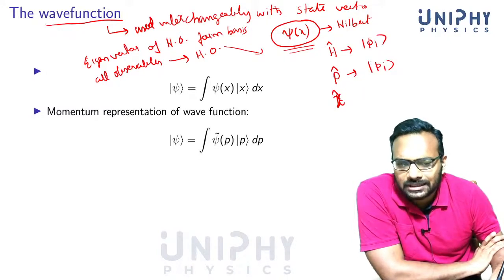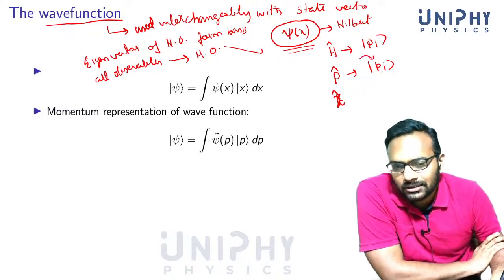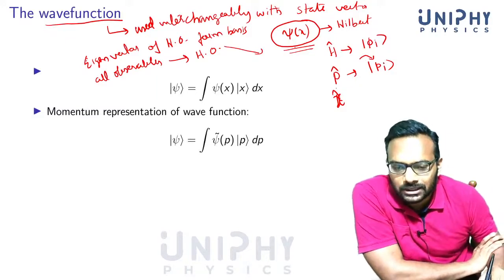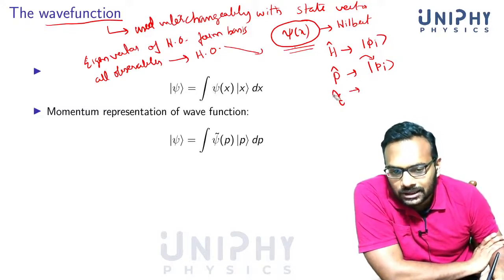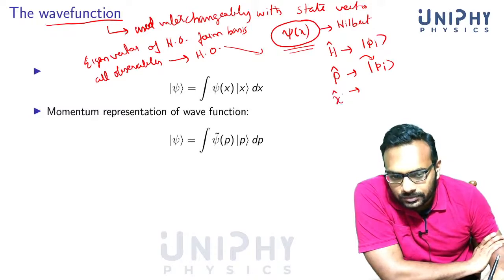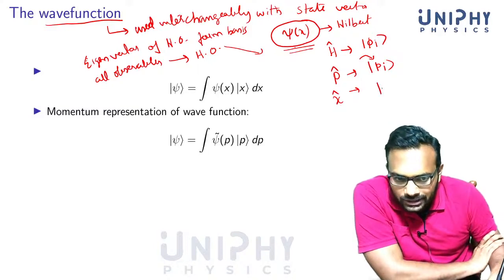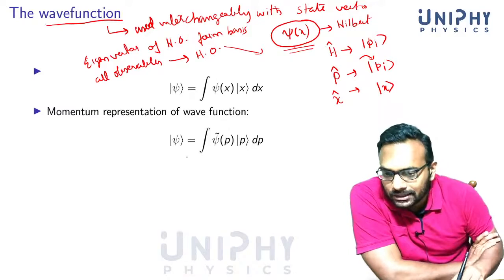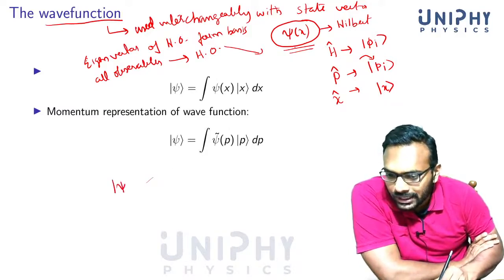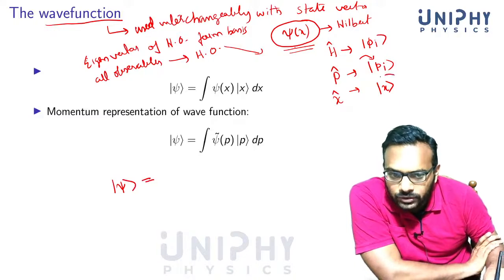We can represent the eigenvectors using the eigenvalues inside the angled bracket. For the position operator, the eigenvalues are positions, and you can write them inside the angled bracket. Now, what happens if you expand the given vector, the state vector in Hilbert space, in terms of the eigenvectors of the position operator?